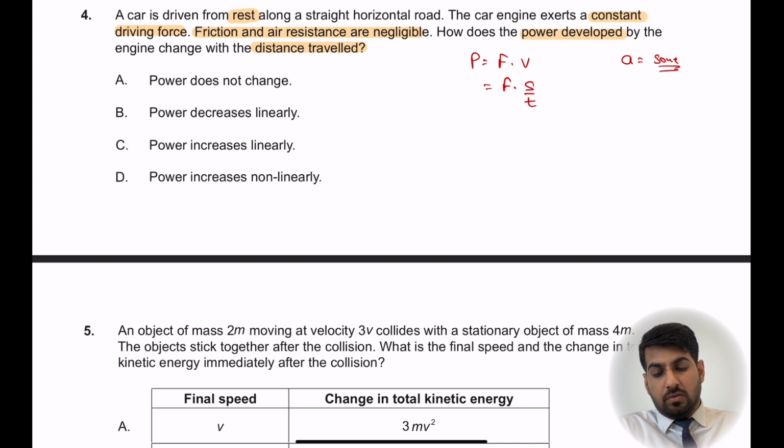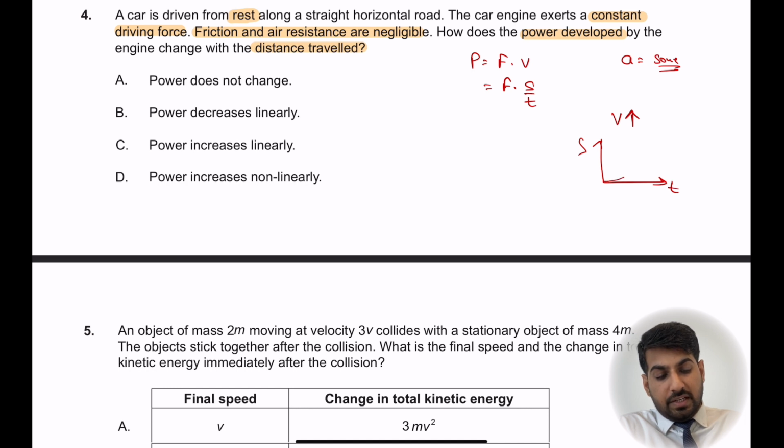So if I want to draw the power versus displacement graph, it will not be direct, because the velocity is not constant; velocity is increasing as the acceleration is constant. So if velocity is increasing, the displacement versus time graph is non-linear, right?